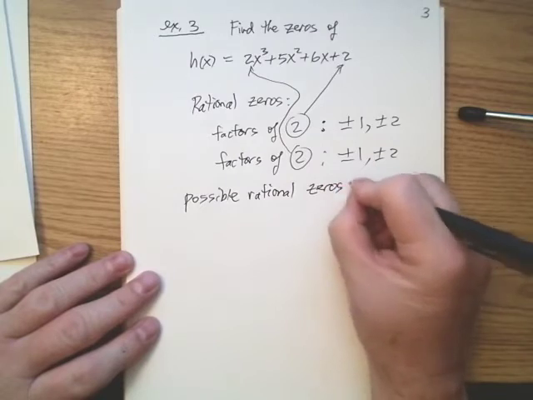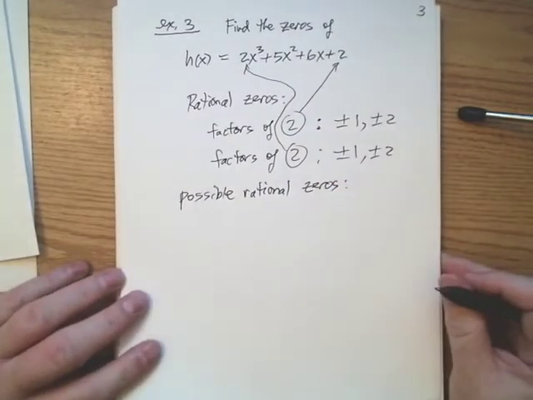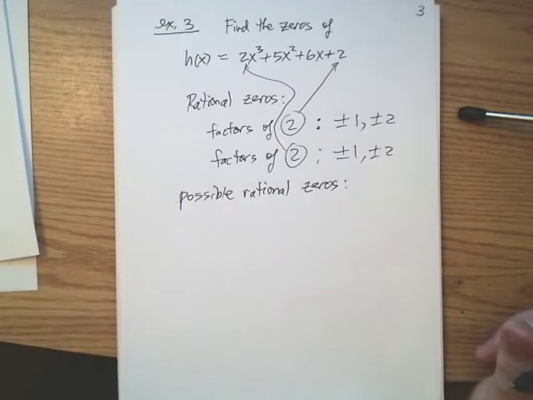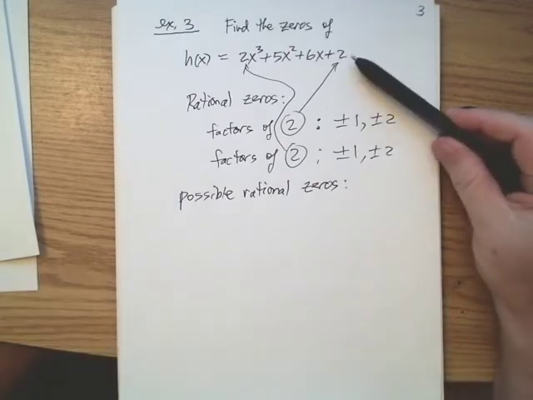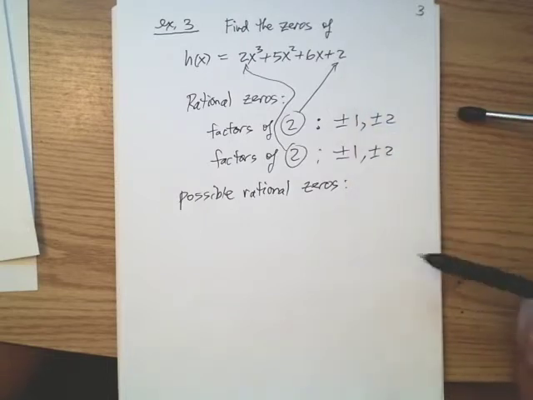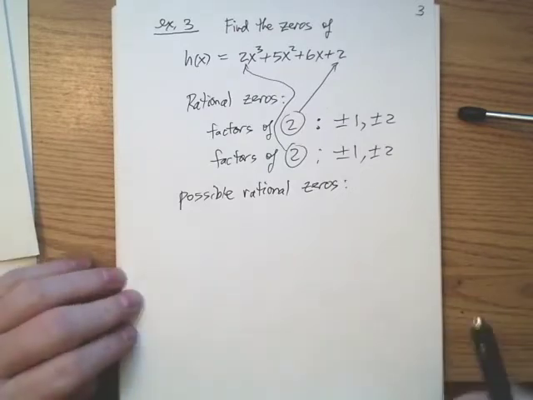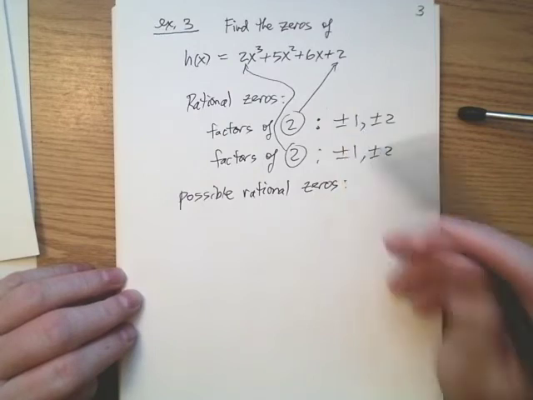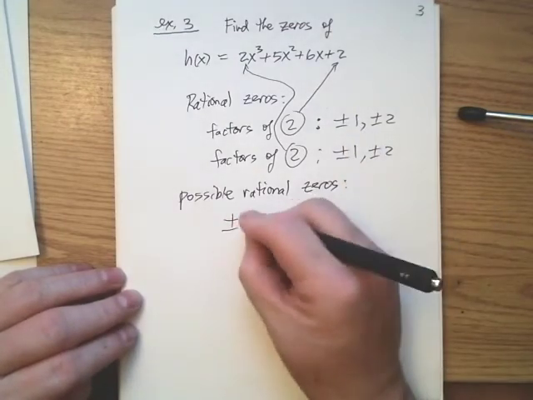It may be that none of these are rational zeros, and we'd have to resort to something like the cubic formula, which is something maybe you've never heard of, but there is a cubic formula just like there is a quadratic formula for this, but that has sort of fallen out of the curriculum in recent decades. Anyways, what would be the possible rational zeros? Plus or minus 1 divided by plus or minus 1 would be plus or minus 1.